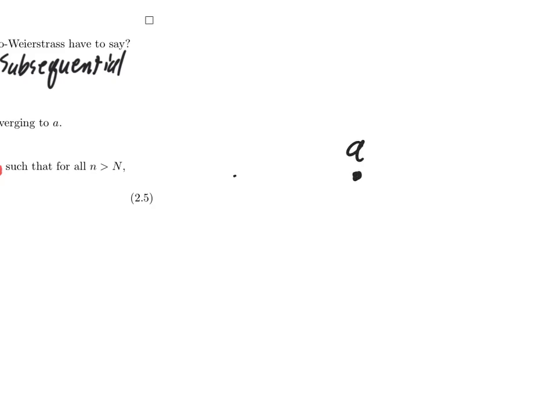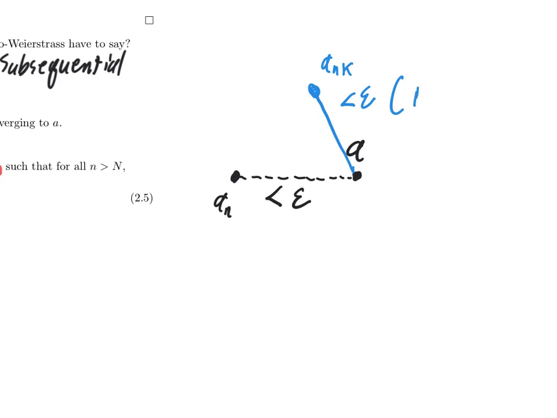So if there's this A, there's a sub n. What I want is for this distance to be less than epsilon. And what do I already know that's close to A? Well, I know that a sub n sub k, the subsequence, converges to A. So if there's a sub n sub k, then I can get this to be less than epsilon, provided that this parameter, little k, is bigger than some threshold value, big K. This is a term in the sequence, and that's a term in the sequence.